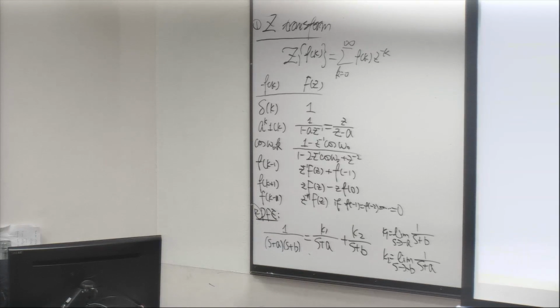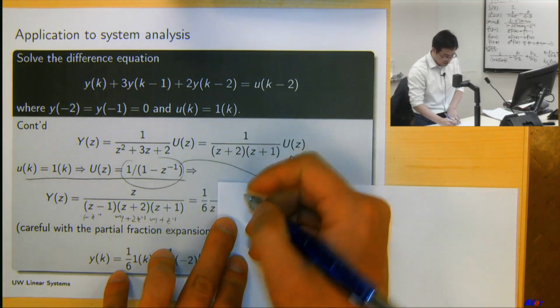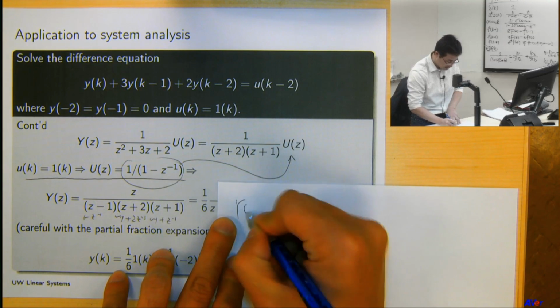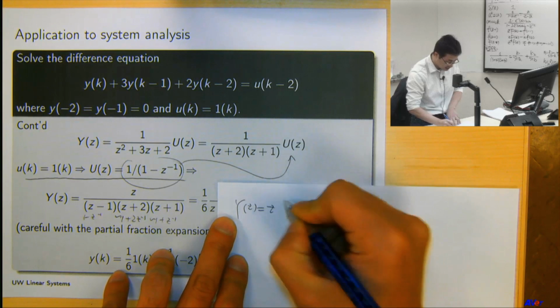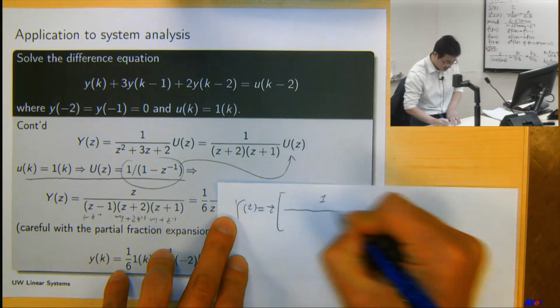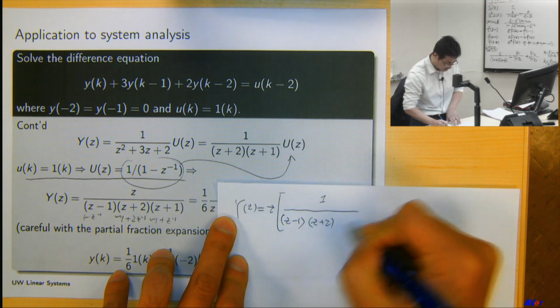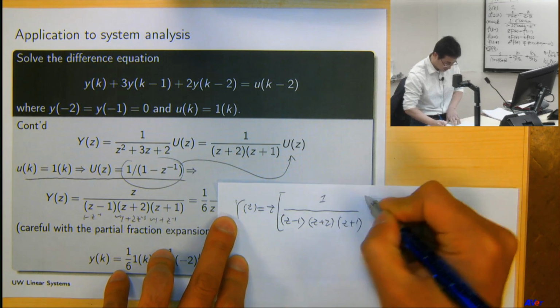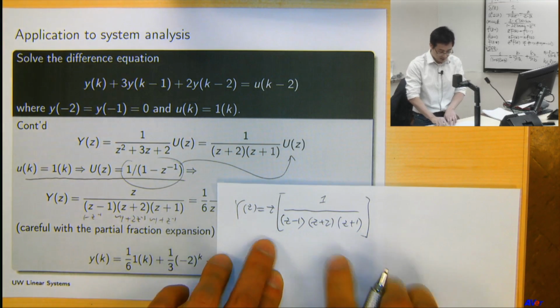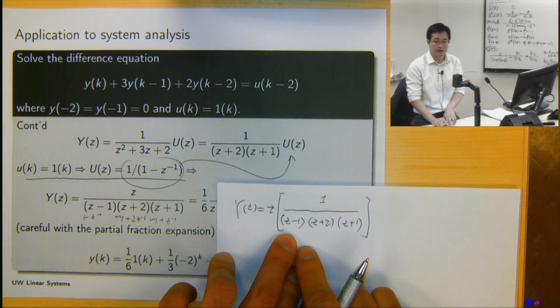So the full procedure is we factor out this z, and then inside we have a perfect formula for partial fraction expansion.